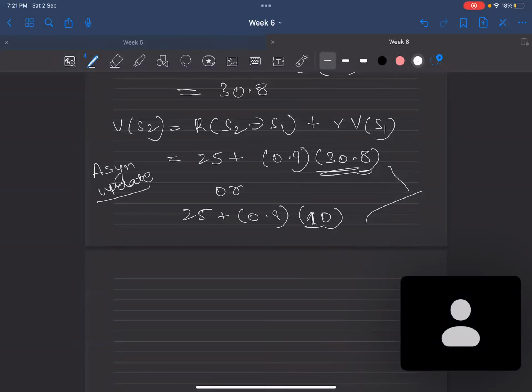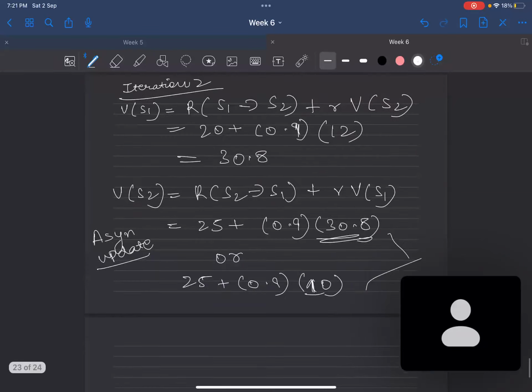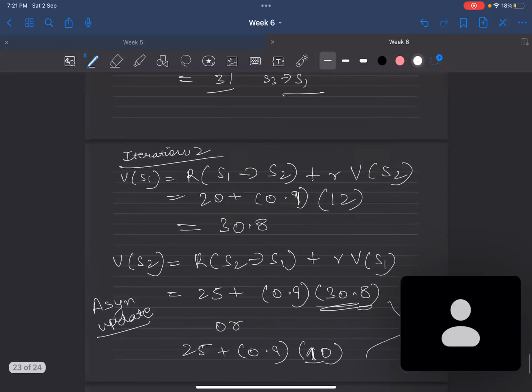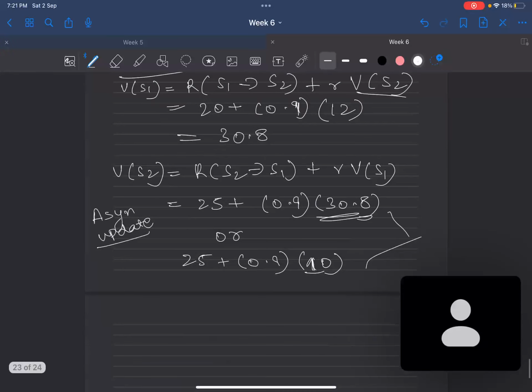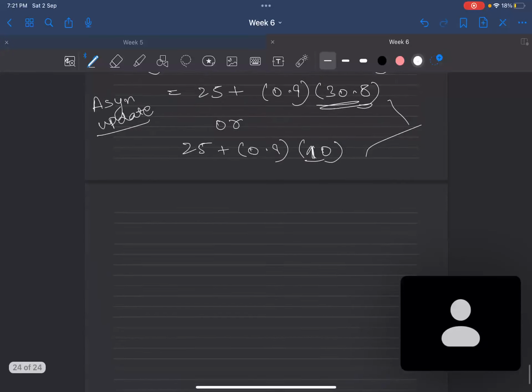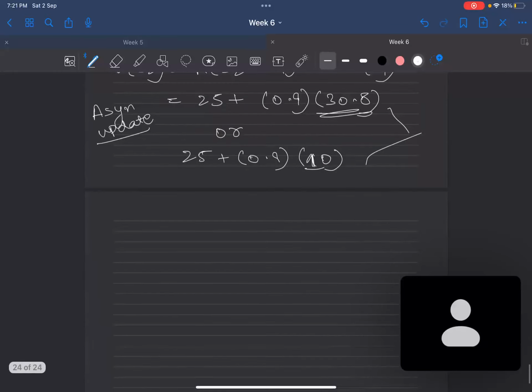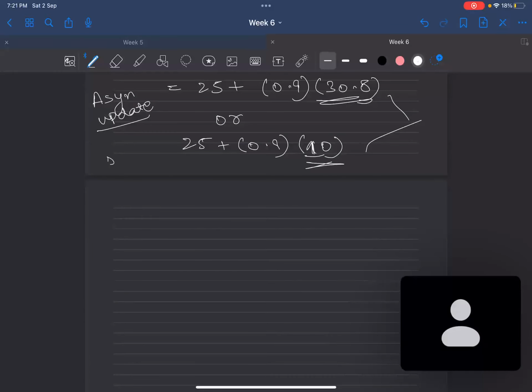I have V of S1 and I'm using it here, but I don't have the value of V of S2 yet, so I'm taking the last iteration value. I did this just because one of you mentioned the asynchronous update, so I thought, okay, let's go with this.